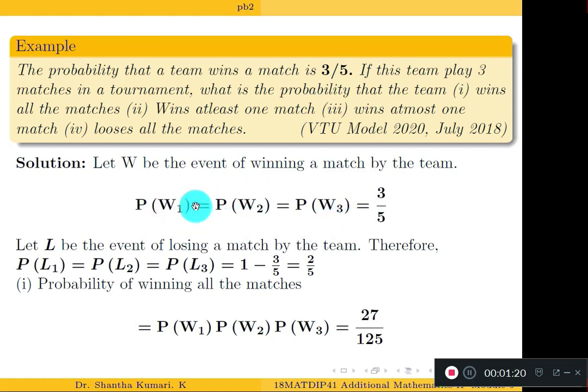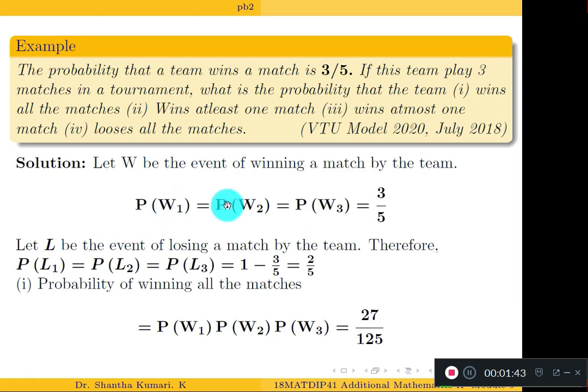Now the complementary event, that means not winning the match. Not winning the match means losing the match. It is actually W1 complement, W2 complement and W3 complement. Instead of W1 complement, I am using the notation L1, L2, L3 so that you can easily understand. L means losing, W means winning. Don't confuse.